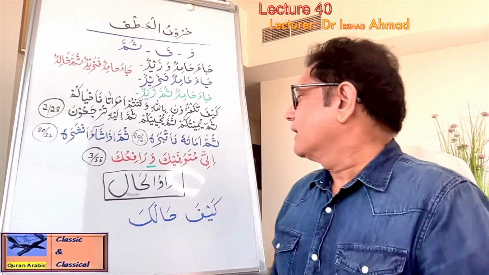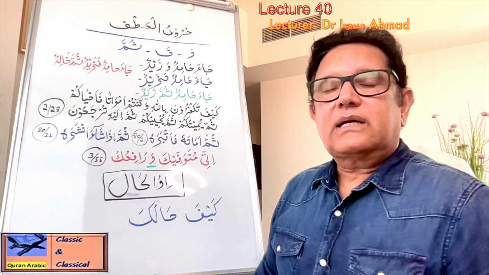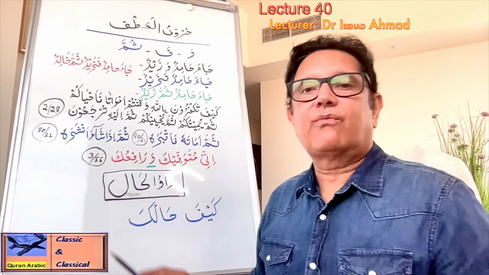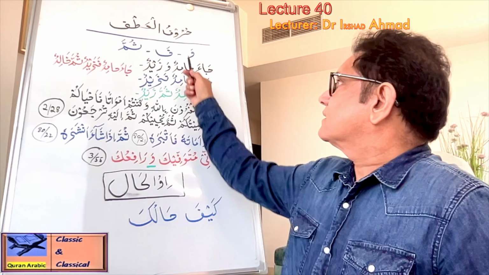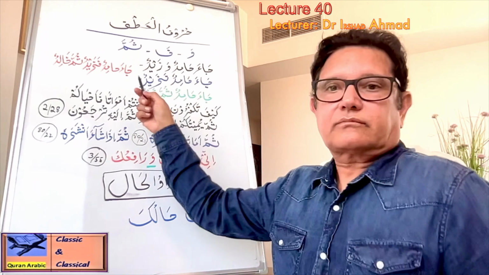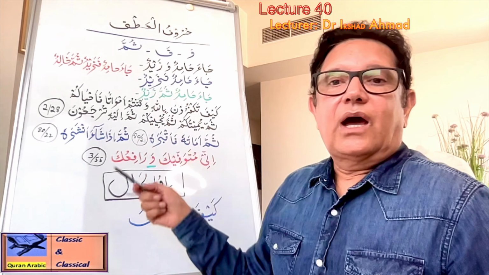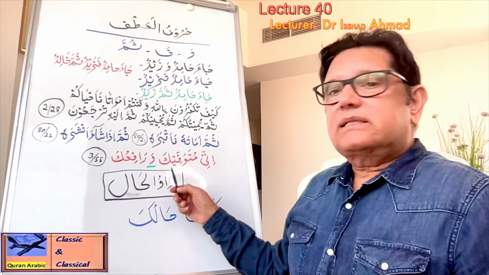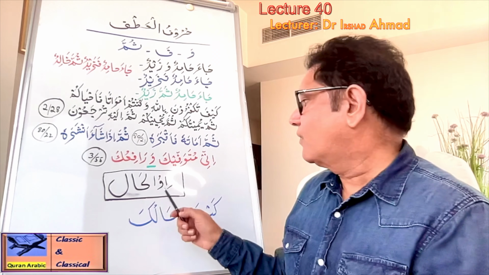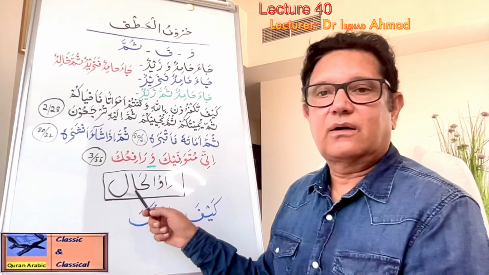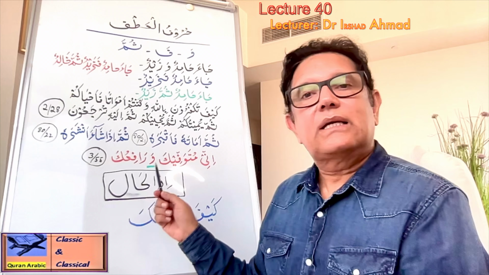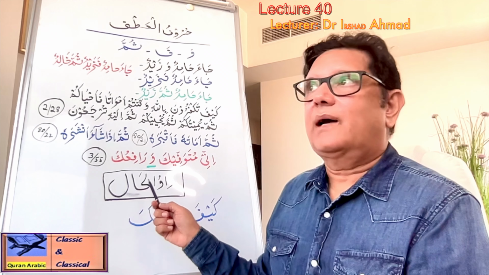Now we have looked at different kinds of waw in one of the previous videos, waw ataf, which is waw al atfi, waw ma'iya, waw bayaniya we looked, and there's another very important waw called waw al hal, waw of hal, waw which tells us state of something.